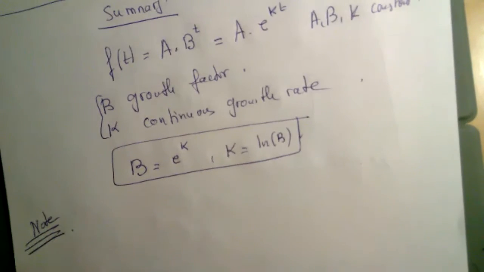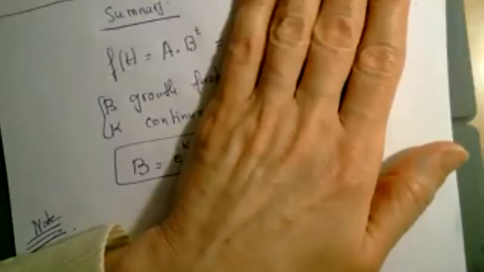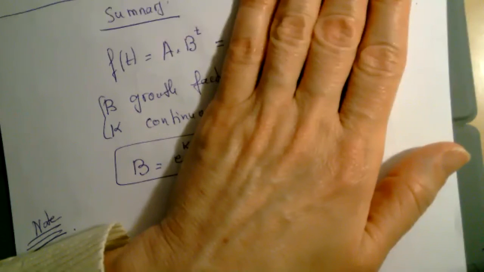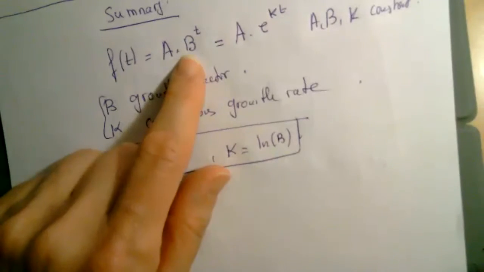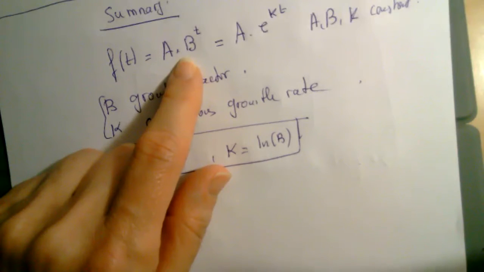Quite important. Now, if you have a function of the form a times b to the t, how can you tell whether it's increasing or decreasing? Question addressed to you.